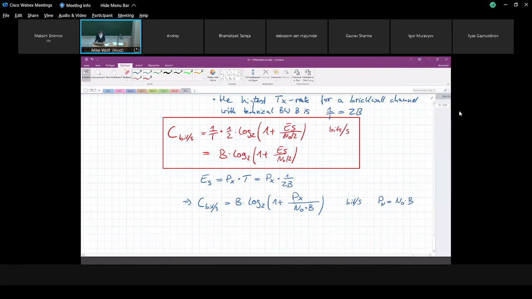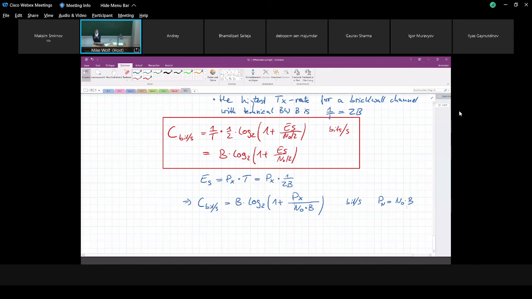This means the signal-to-noise ratio, if we increase the bandwidth more and more at the same transmit power, we have a fixed transmit power, then the signal-to-noise ratio becomes lower and lower. We end up with log 2 of 1, which is just 0. Of course, if we increase the bandwidth B, we can increase the transmission rate, but this term goes to 0.